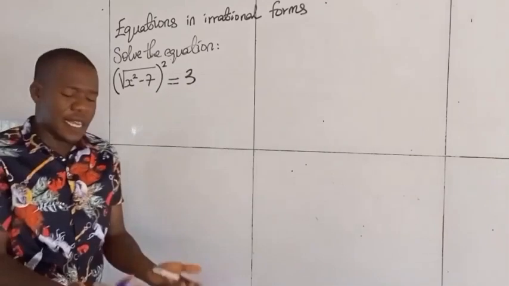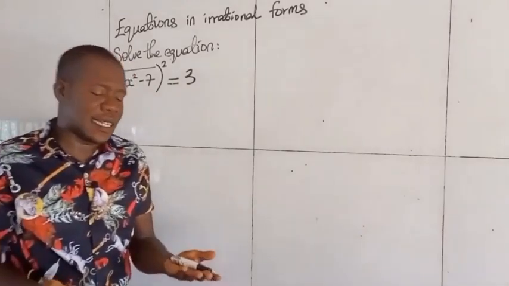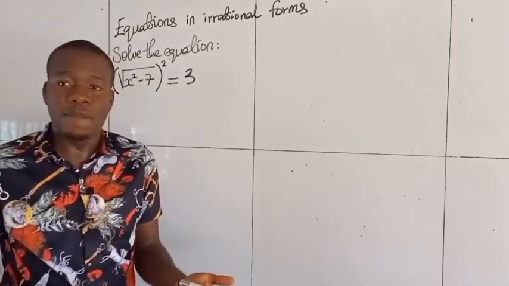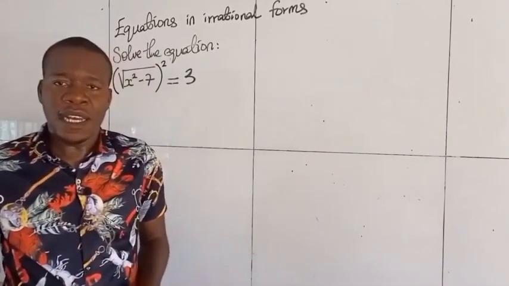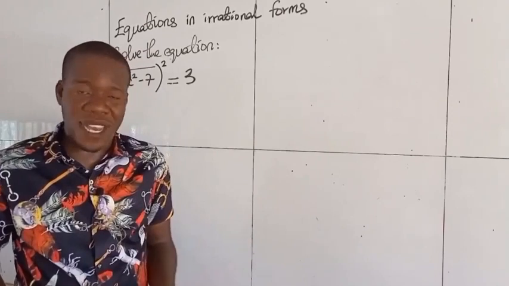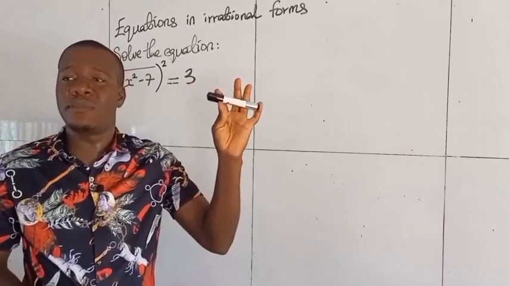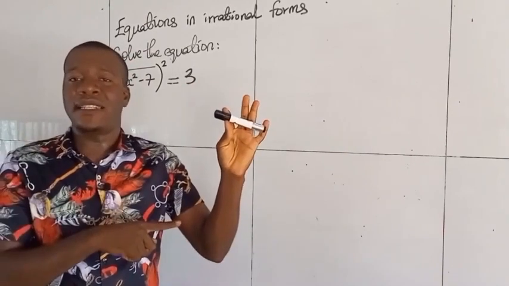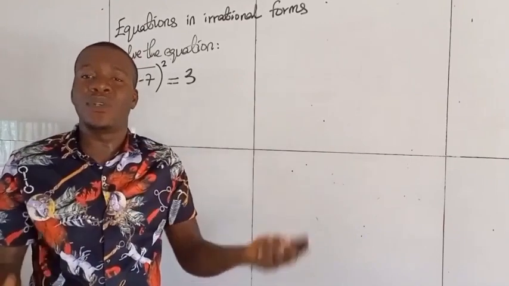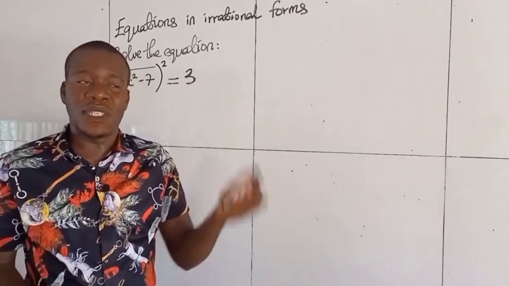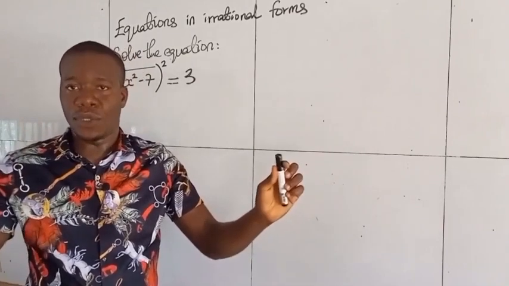For instance, I have two markers here, and I say that this marker is equal to this marker in size or in weight or in height, whatever. That is true. And then all of a sudden, from nowhere, I introduce something else to this marker. Possibly, I added 10 to it. The moment I add 10 to this marker, they are no longer equal. Because what I introduced here, I did not introduce here.